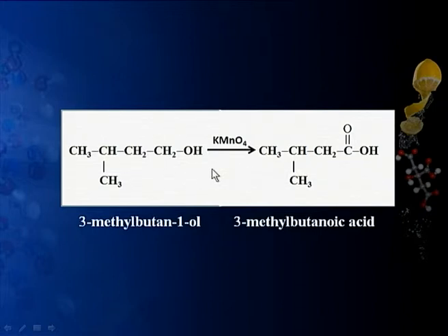So this becomes 3-methyl butanoic acid. This is one of the very common methods which we use for preparation of carboxylic acids. In this method we will get the carboxylic acid containing as many carbons as were present in the starting alcohol.